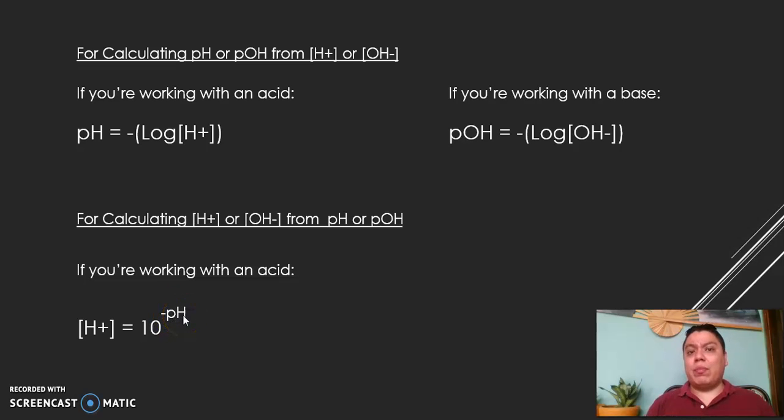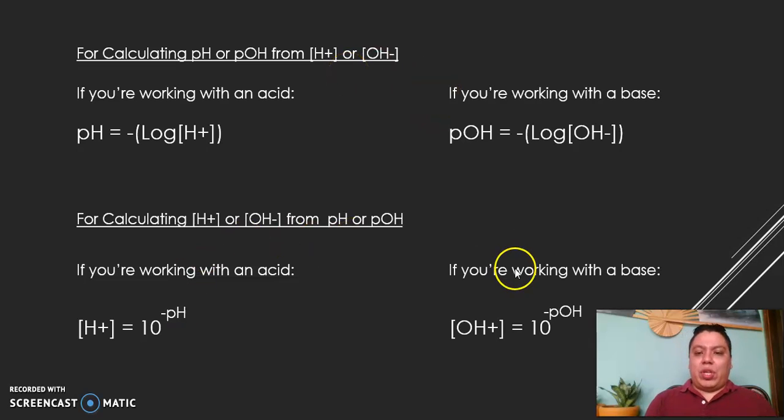Again, don't worry too much about numbers right now. I'll explain that in the next video. And if you're working with bases, then you want to calculate the, this should be a negative over here. I'm sorry, my mistake. If you want to calculate the concentration of hydroxide ions, then you do the anti-logarithm, which is 10 elevated to the negative pOH.